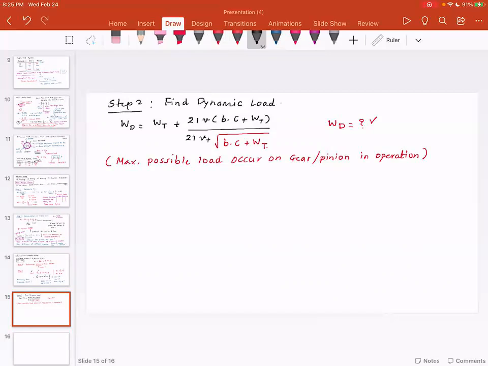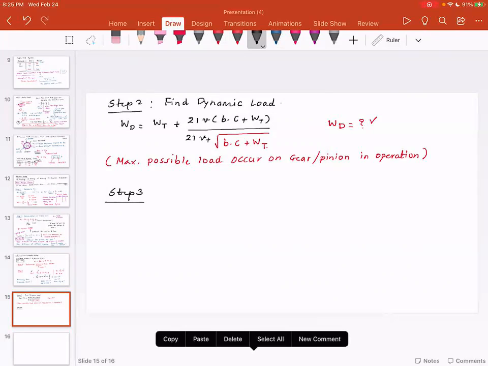And now in the next step, which is step 3, we have to make sure about the static load. So the next step is to check, and the only check we have is whether WS is greater than WD. This is the check, and this condition must be satisfied.